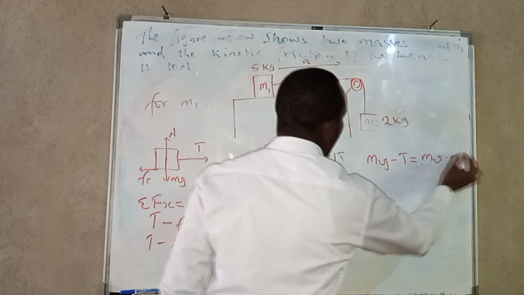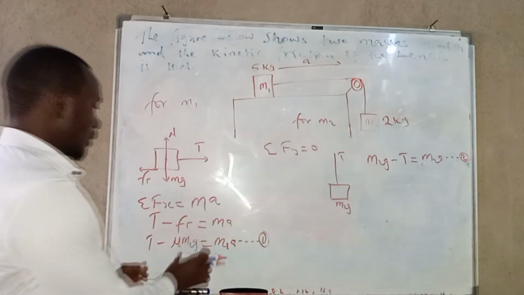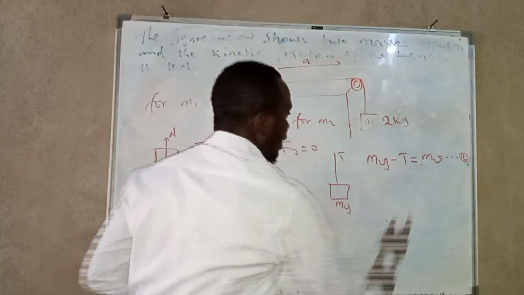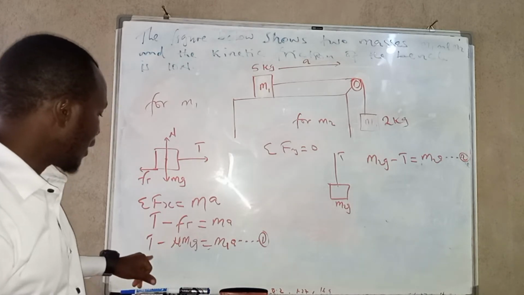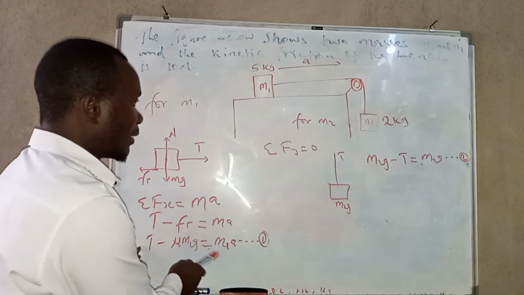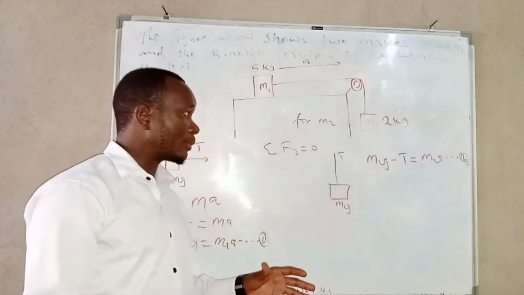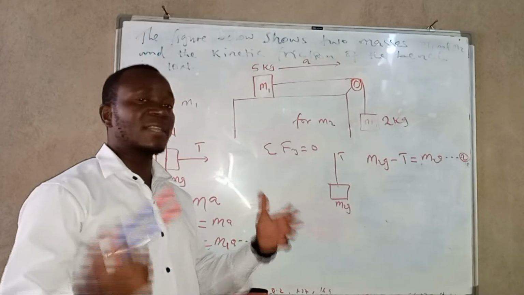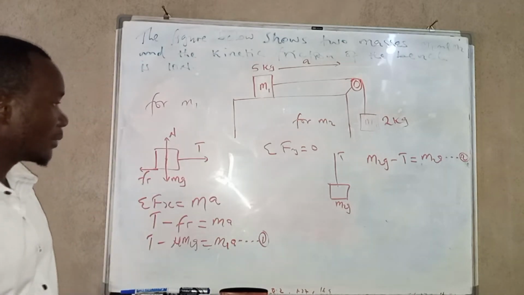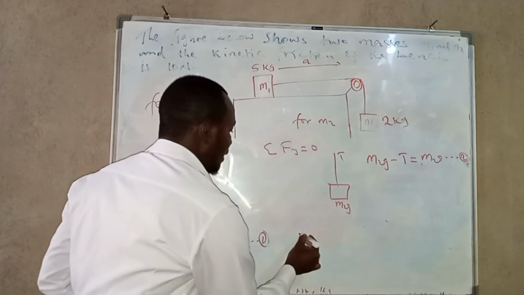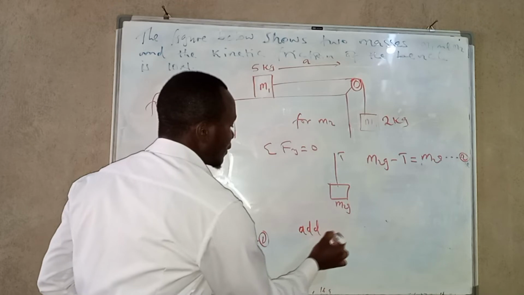Let us call this equation 2. So this is equation 1, this is equation 2. Now we can eliminate some variable, and the variable that is easy to eliminate is T. We have this one and this one, so we can eliminate by adding equations 1 and 2.